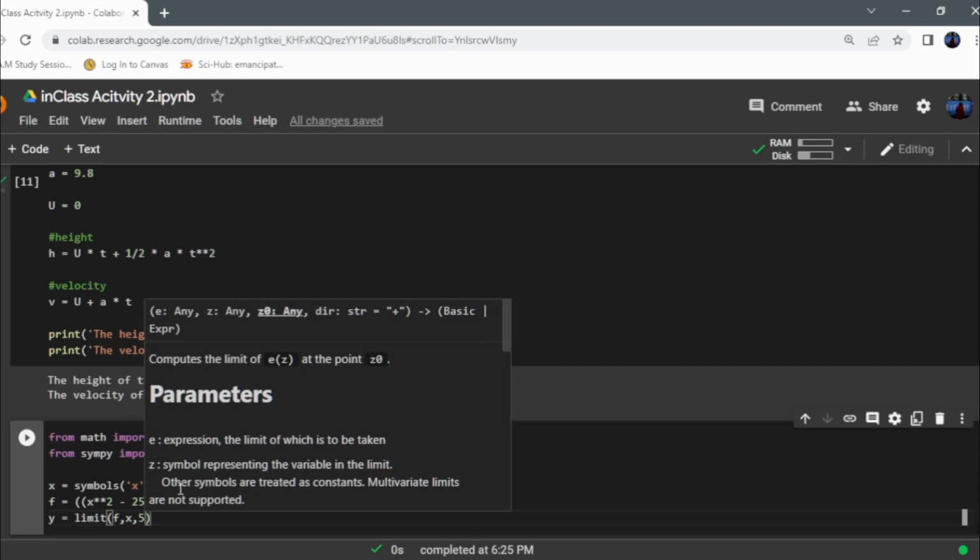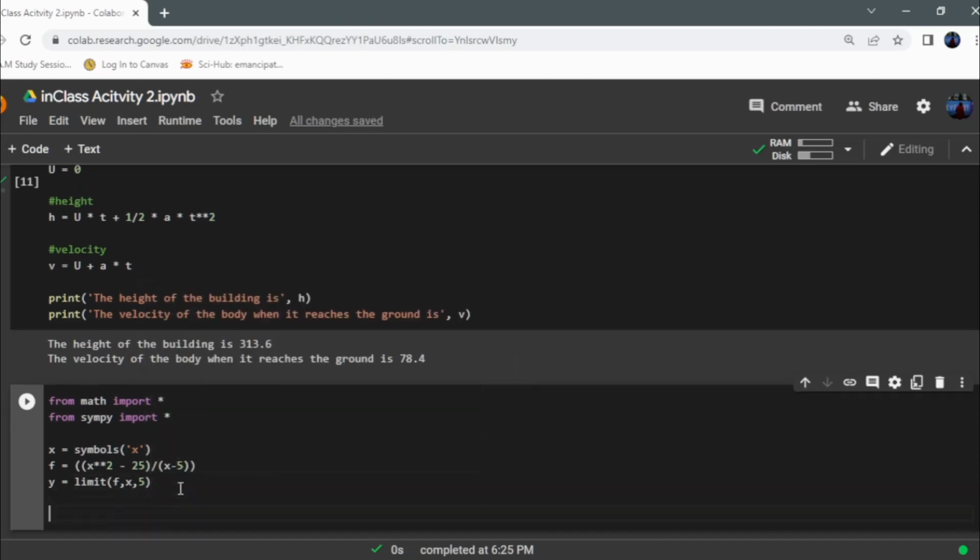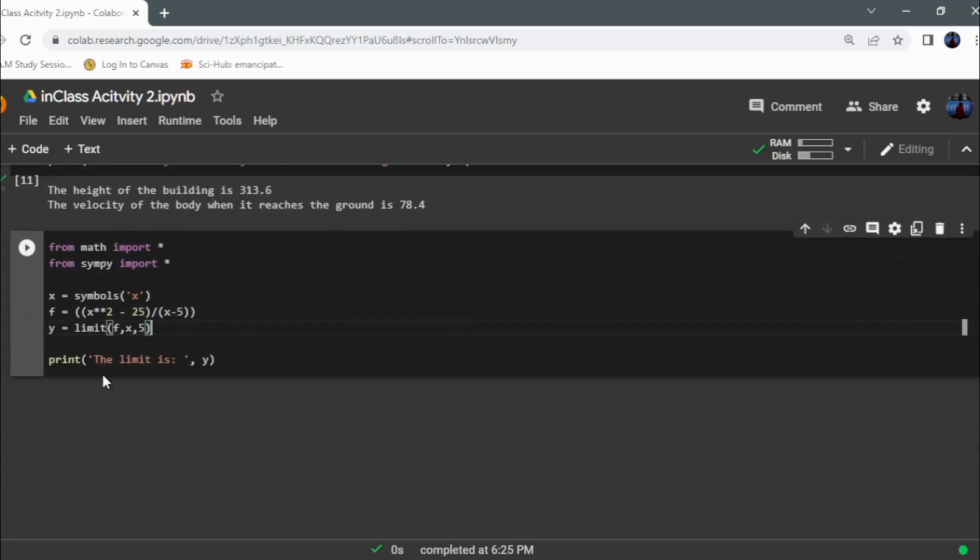That's what the problem calls for. And then now we print the limit is, then we put here y. It's going to be 10. There we go, see? 10. That's the limit.